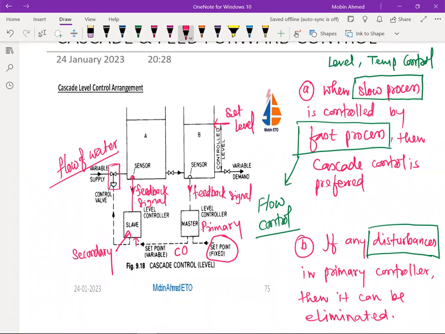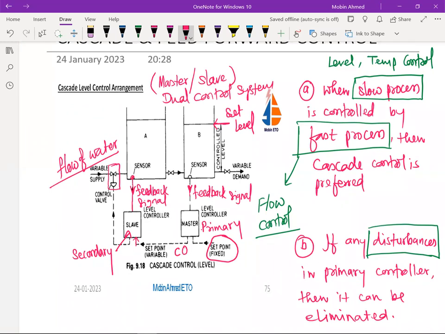So this type of arrangement, cascade level control, is used. The other name of this one is master and slave. This is also known as a master slave, or this is also known as a dual control system. Dual closed loop control system.